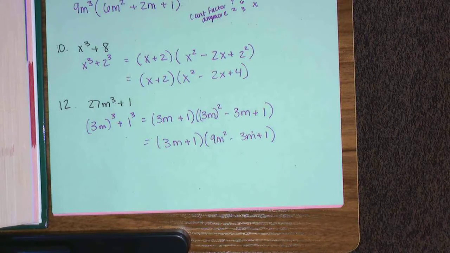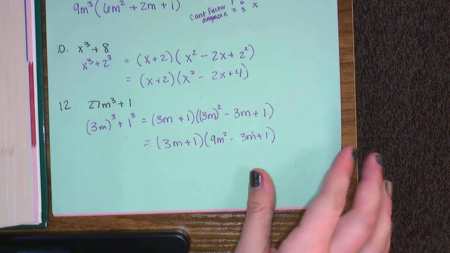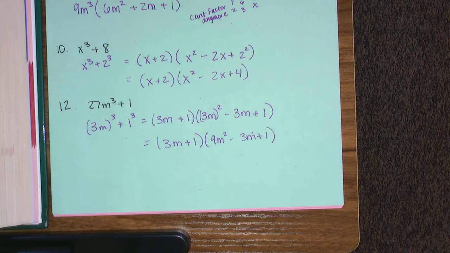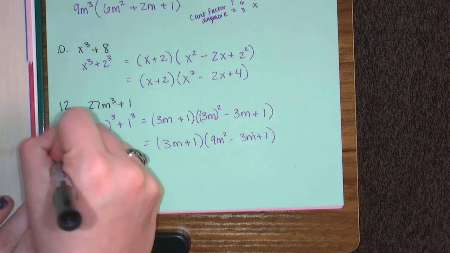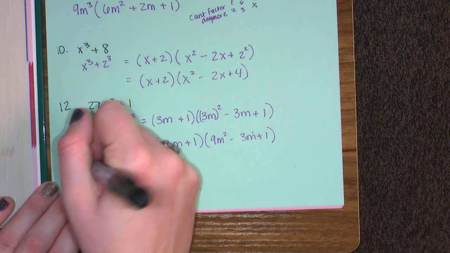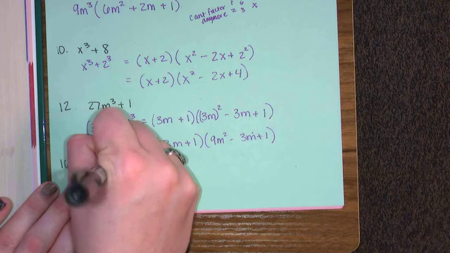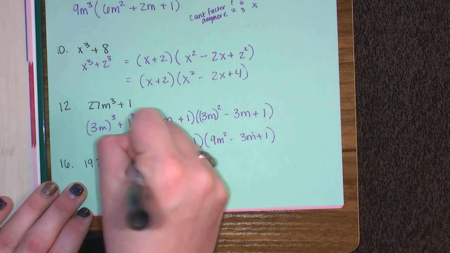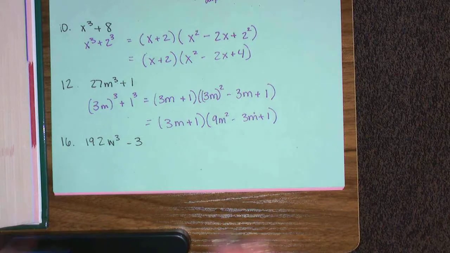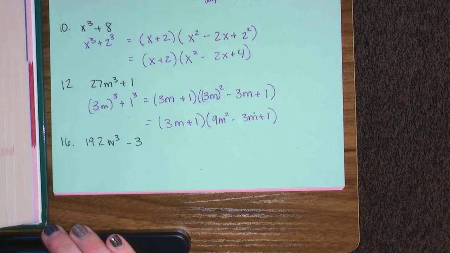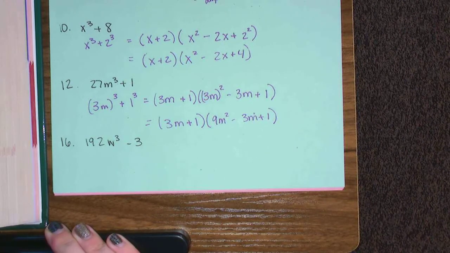Alright, let's jump to 16, and then I'll have you guys try one in just a minute. So 16, 192w cubed minus 3. No, we're doing this one together.